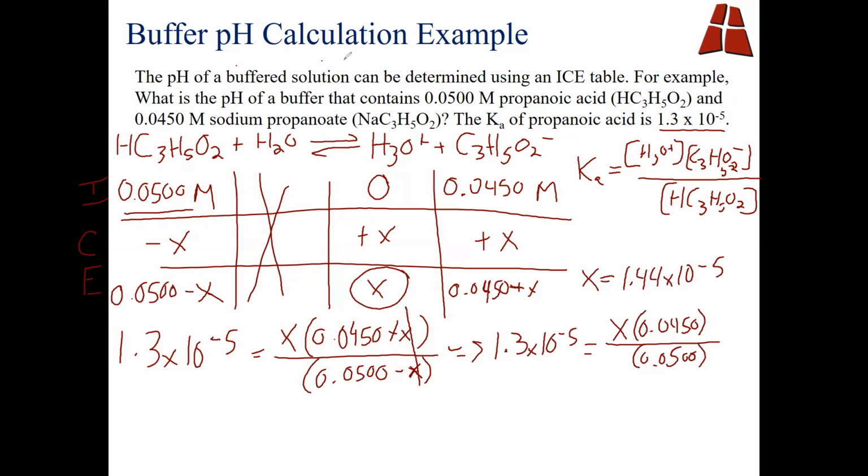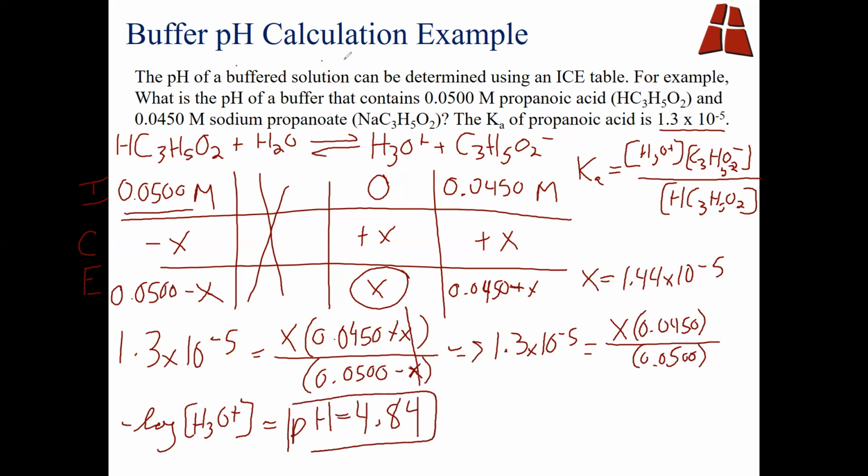And so that means that we can take the negative log, of course, of our concentration of hydronium at equilibrium, which is equal to x. And when we do that, I got a pH value equal to 4.84. So that is how we would solve a buffer system using an ICE table.